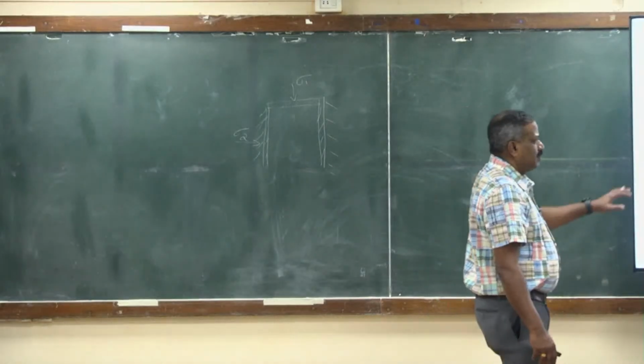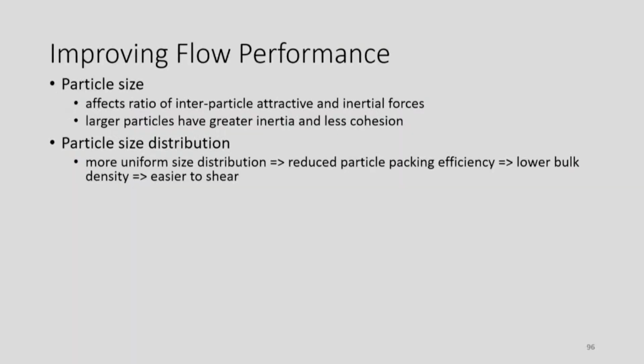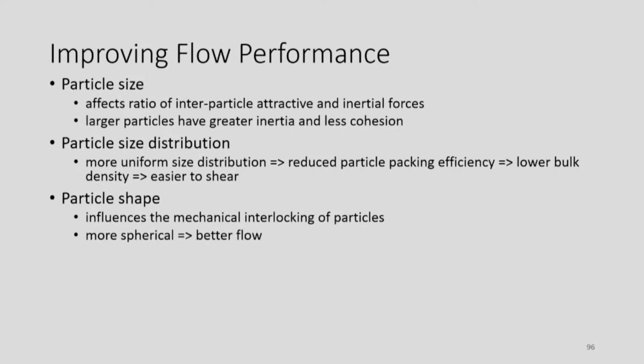Particle size distribution: a more uniform size distribution will have better flow behavior. If it's highly mixed particles, then the smaller particles will fit into the wide spaces between large particles, and that increases the surface interactive forces, right? Shape also matters: ideally, more spherical particles will have better flow, right?